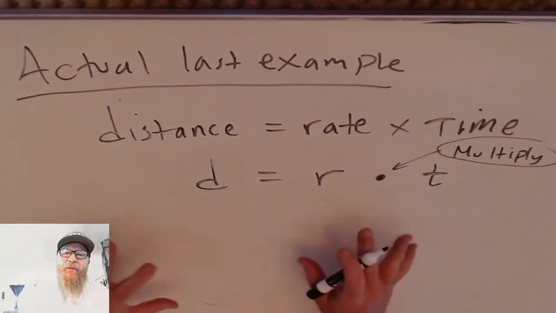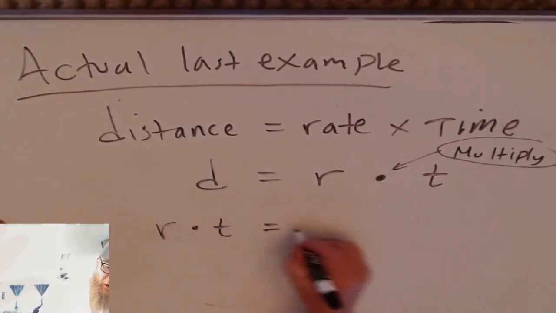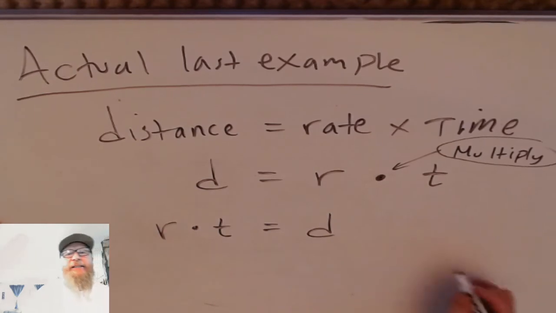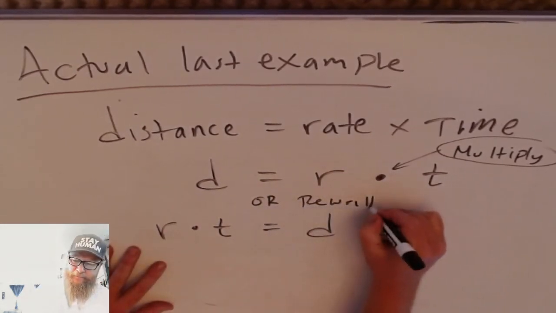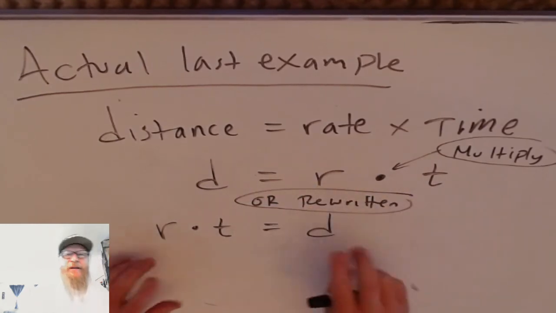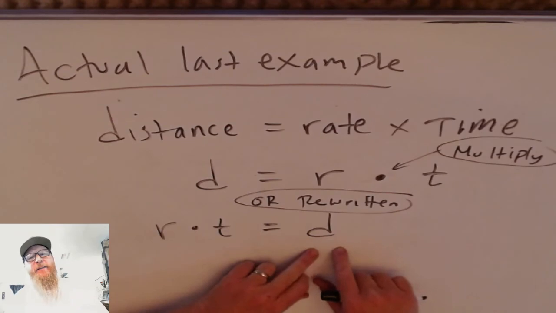All right, this formula, it's actually cool if you rewrite it like this: RT equals D. In other words, just rewrite it so the RT is on the left side and the D is on the right side.